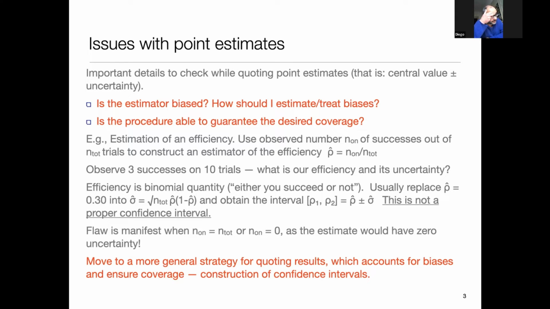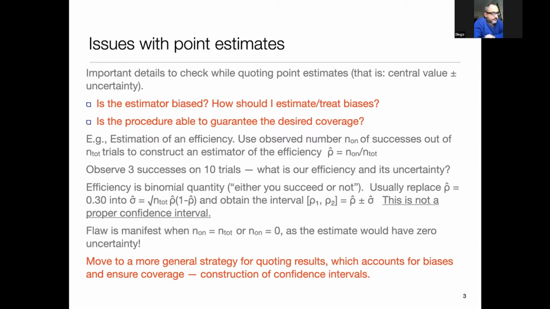What you see here is that it's very easy to get a paradoxical result, because if you're measuring an efficiency very close to its bounds, for instance a number of successes that is 0, or a number of successes equal to the number of trials, so 10 out of 10, then this flawed estimate of the uncertainty is actually 0.